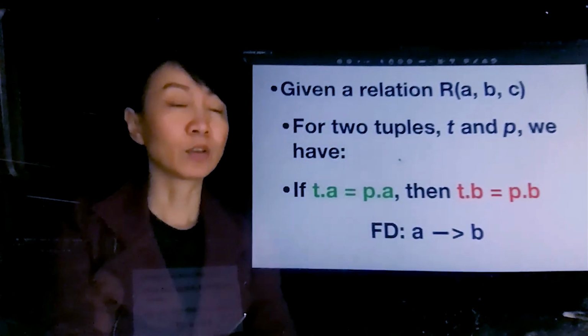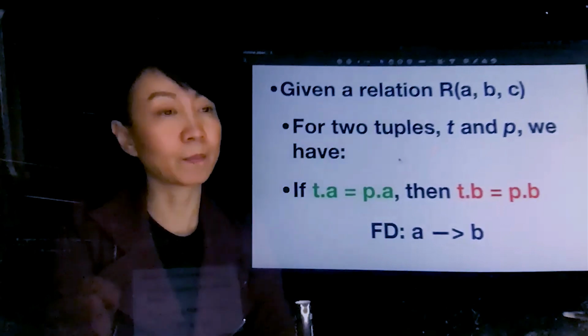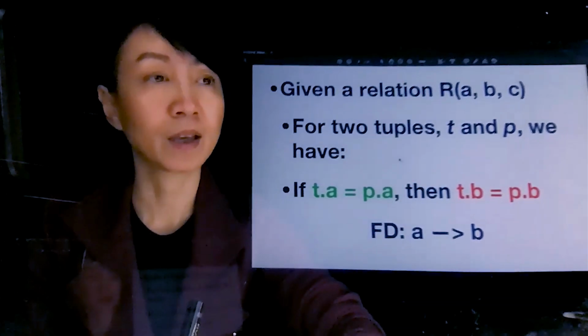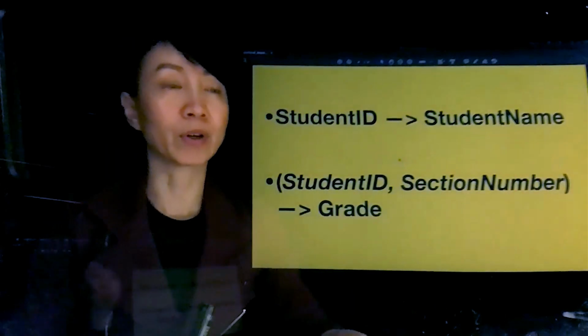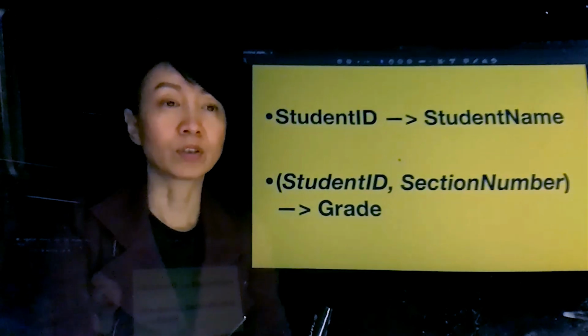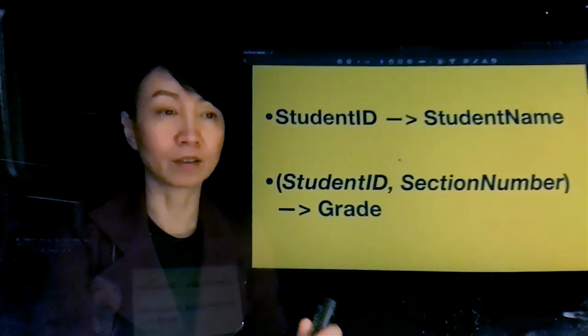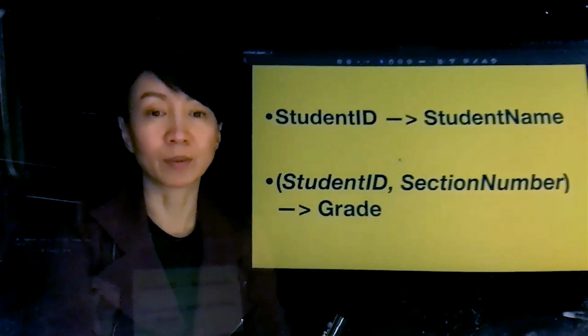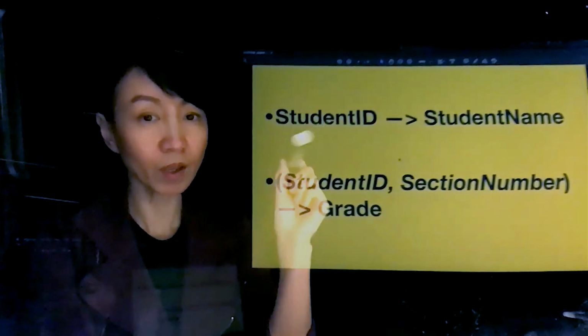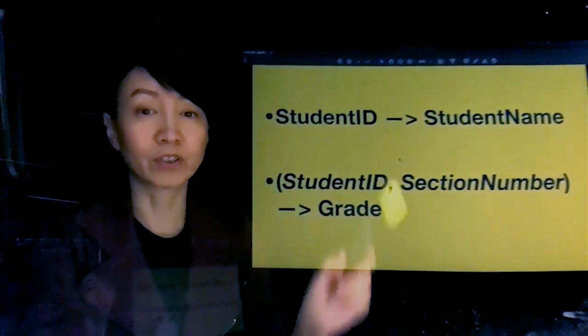So now let's apply this to discover functional dependency. Before we do discovering, let's look at these two functional dependencies to see if we can understand why there is a functional dependence between these two sets of attributes. Let's look at the first one.